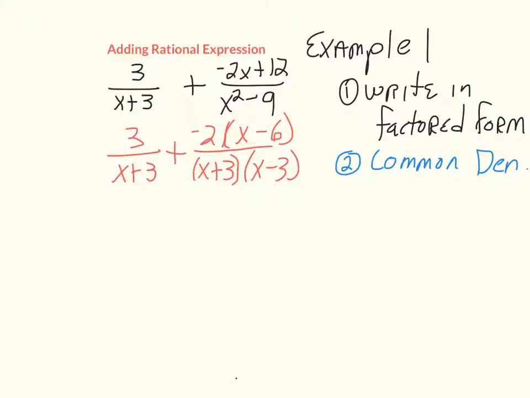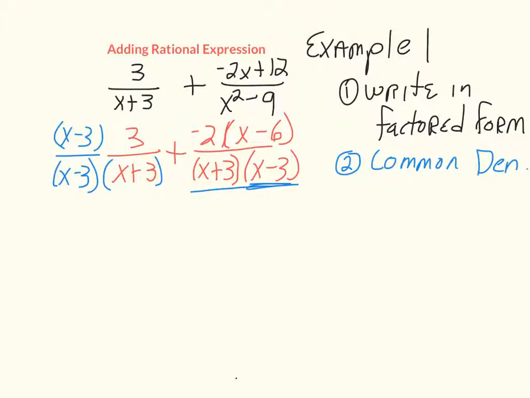Now, both the first rational expression and the second rational expression have x plus 3 as a factor in the denominator. The second expression, though, has also an x minus 3. So I'm going to take my first rational expression and multiply by the giant 1 of x minus 3 over x minus 3.